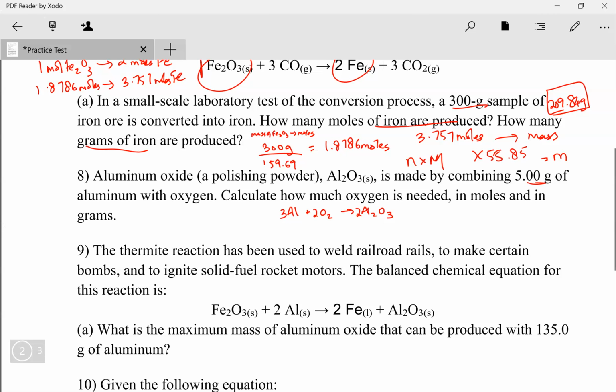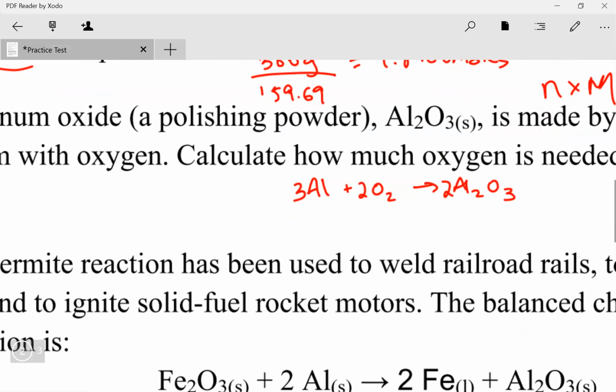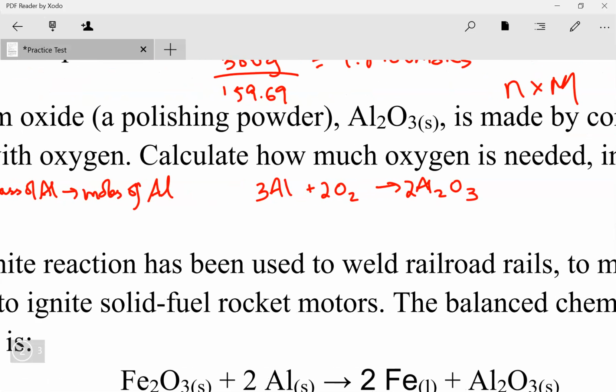So 5 grams of aluminum we're given. So again, this is a mass-to-mass question. First we go from mass of aluminum to moles of aluminum. So that's 5 grams of aluminum divided by molar mass of aluminum. Molar mass of aluminum is 26.98.